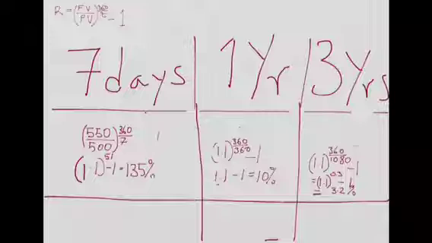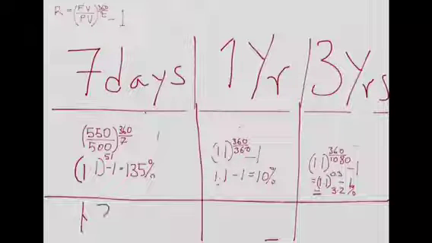That's a massive 135% return. Over 1 year, the very same amounts involved, 550 divided by 500, that's 1.1. You then get a 10% return. Over 3 years, the same figures, 550 future value, having invested 500, it becomes a very small return of 3.2%.